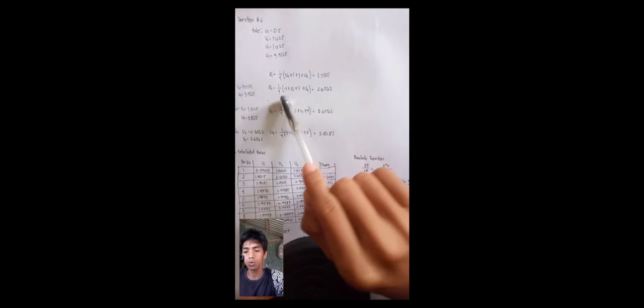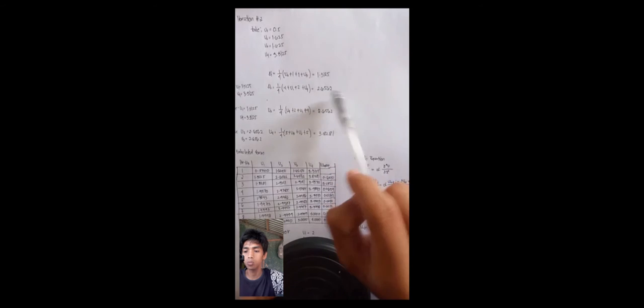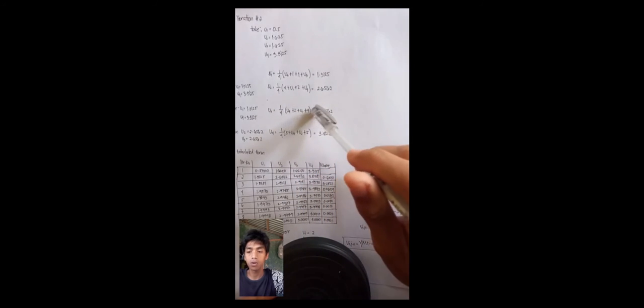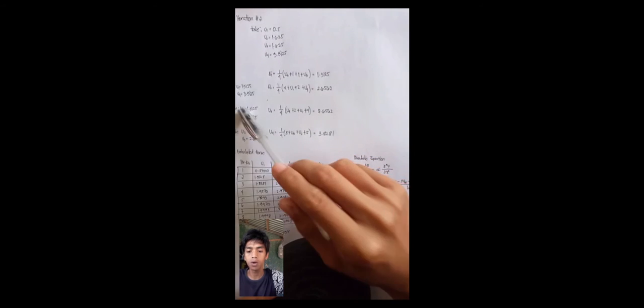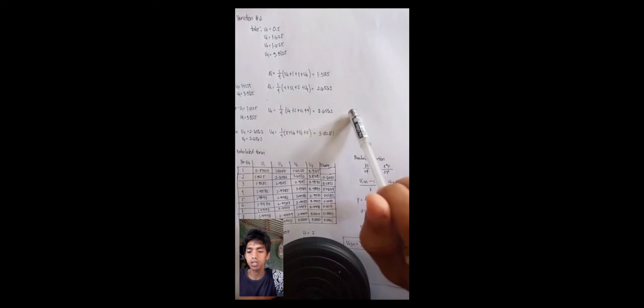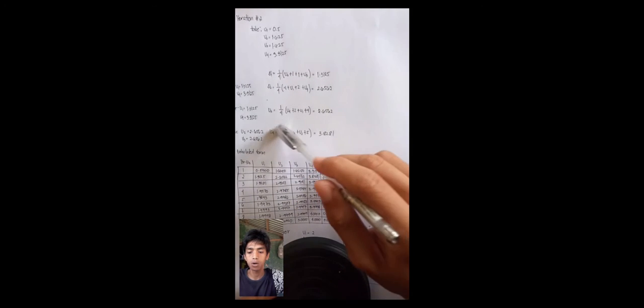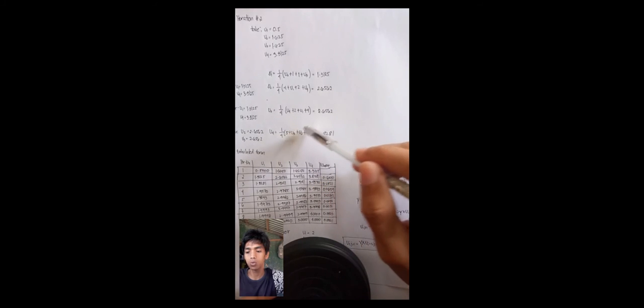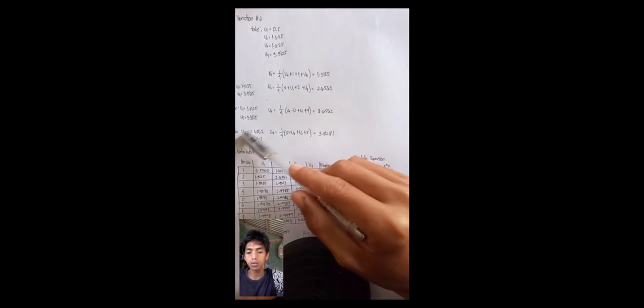Substitute the values of u1 and u4, we can get 2.6562. And for u3, 1 over 4 times u4 plus 2 plus u1 plus 4. We substitute the u1 and u4 to this, we can get 2.6562. And for u4, 1 over 4 times 5 plus u3 plus u2 plus 5. By using this u2 and u3, we can get 3.8281.